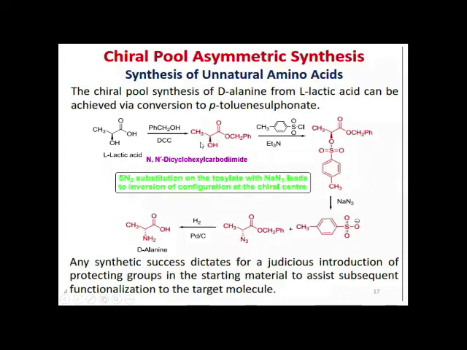Now we want to remove this hydroxy group, and instead of hydroxy we require an amino group. As we all know, hydroxy is a very poor leaving group. So for that we can use para-toluenesulfonyl chloride in presence of TEA. TEA means triethylamine. It acts as a base.